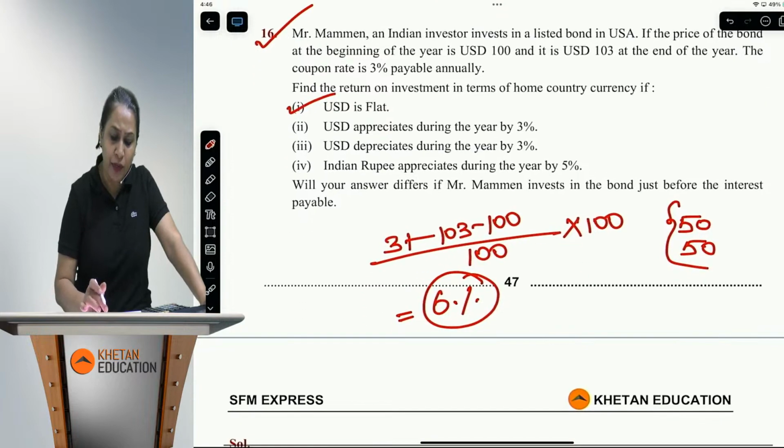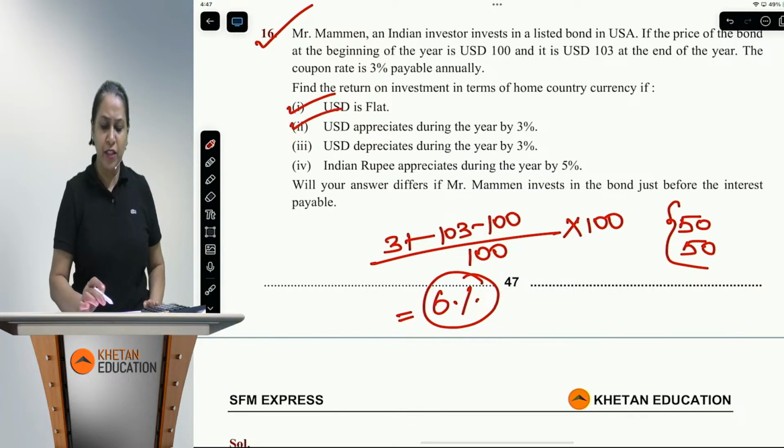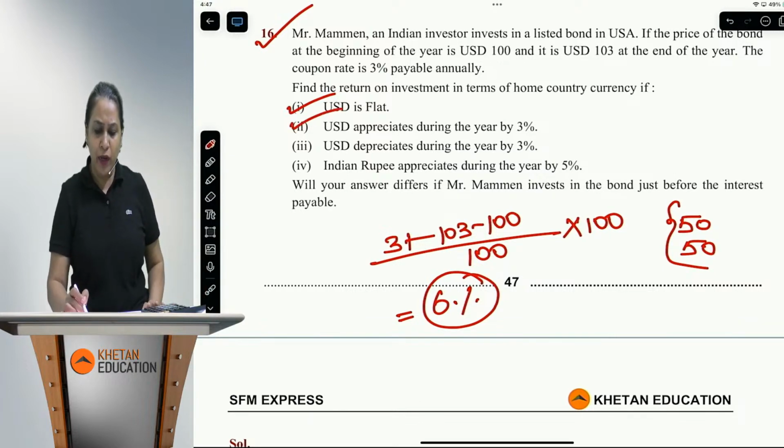Then if USD appreciates during the year by 3%, correct, very good. If USD appreciates, it is good for Mr. Mamin, foreign currency should appreciate only.